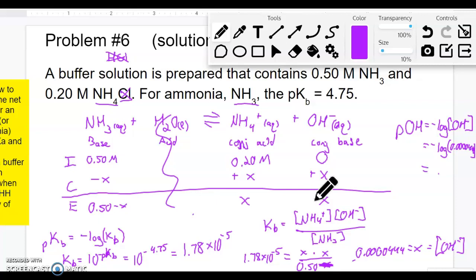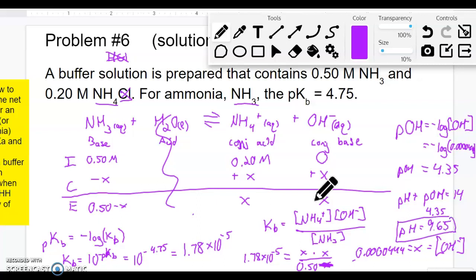If I do that, my pOH will come out to be 4.35. But that's my pOH. I want pH. And so pH and pOH, if I add them together, I should get 14. If I know this is 4.35, I could subtract it from 14 and I get my pH is equal to 9.65.